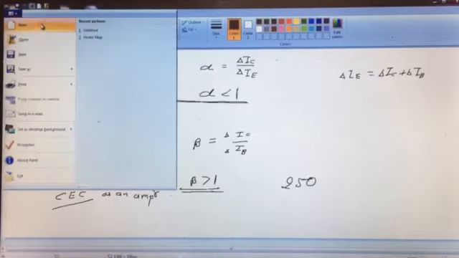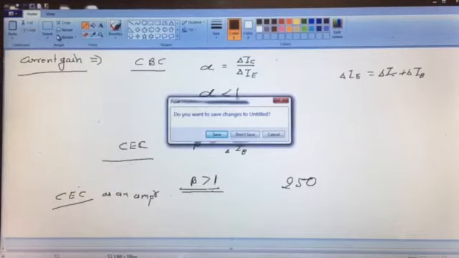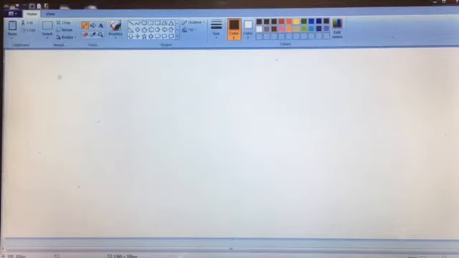The next point for comparing the common base and common emitter configuration is transconductance. This term is made with the help of two words, trans and conductance.